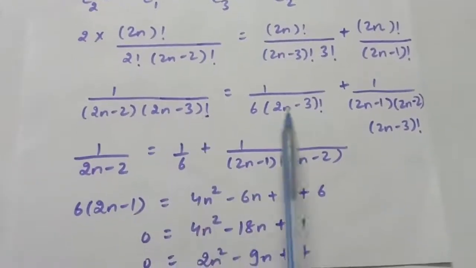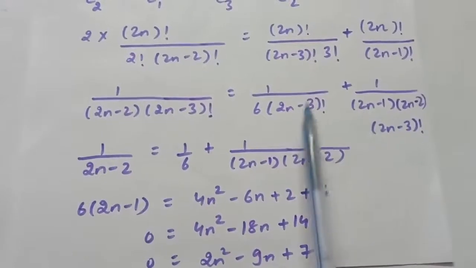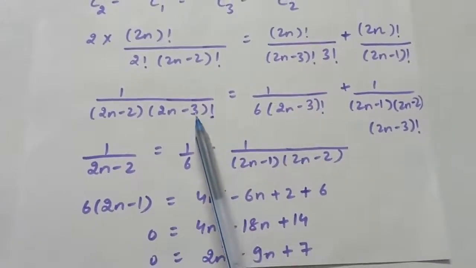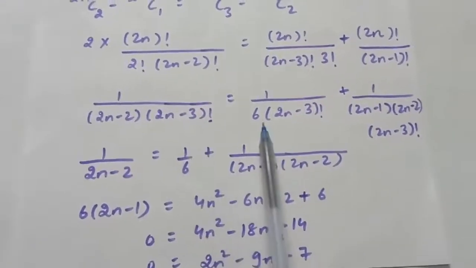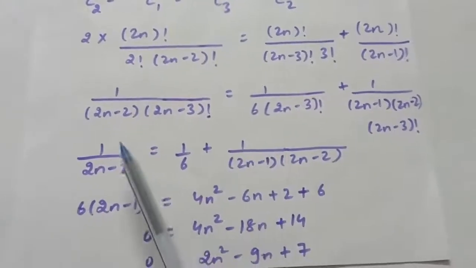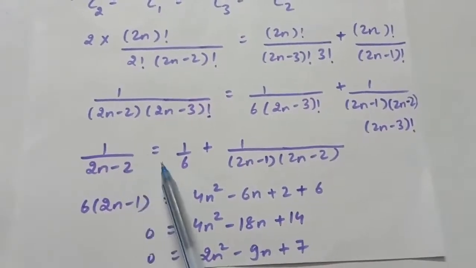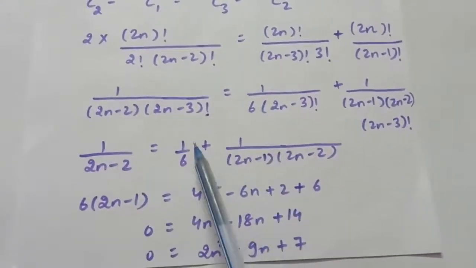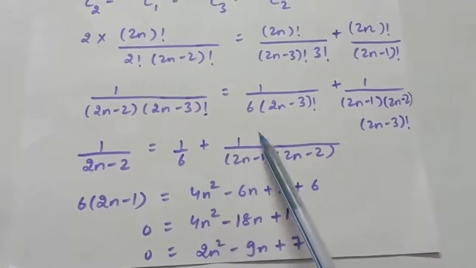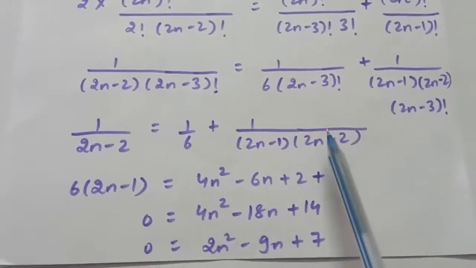Now 2n minus 3 factorial can come out common from these two terms, and here also it is 2n minus 3 factorial. So 2n minus 3 whole factorial gets cancelled. Now you will get 1 upon 2n minus 2 equal to, from here, 1 upon 6 plus 1 upon 2n minus 1 into 2n minus 2.